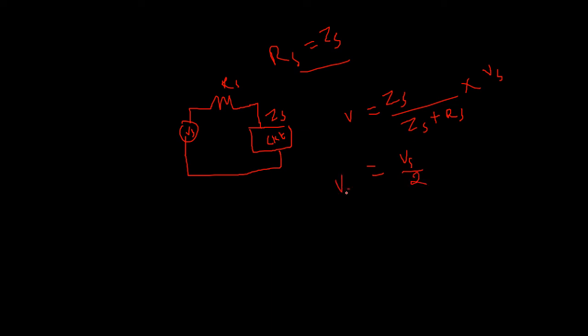So V out is equal to Vs by 2. So the output will be half of the input voltage.